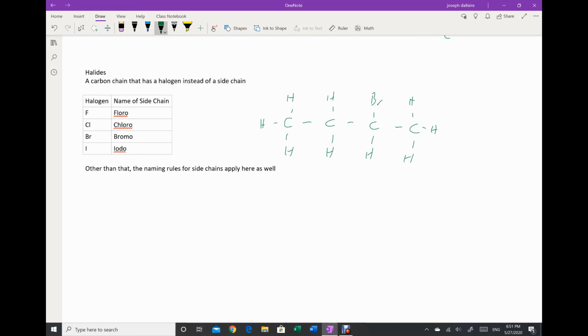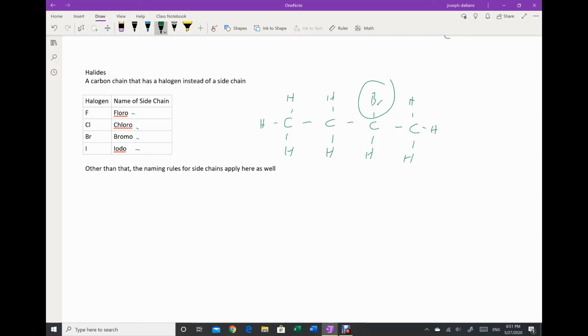So in this case, we name the halogen as if it was a side chain. It follows all the other same rules that we talked about with side chains, and the prefixes associated with these are fluoro, chloro, bromo, and iodo, respectively, to the halogen molecules.